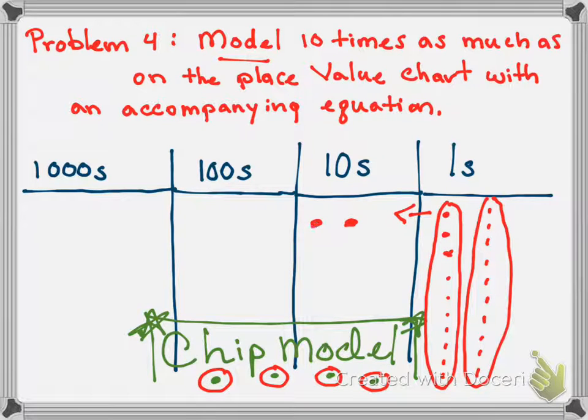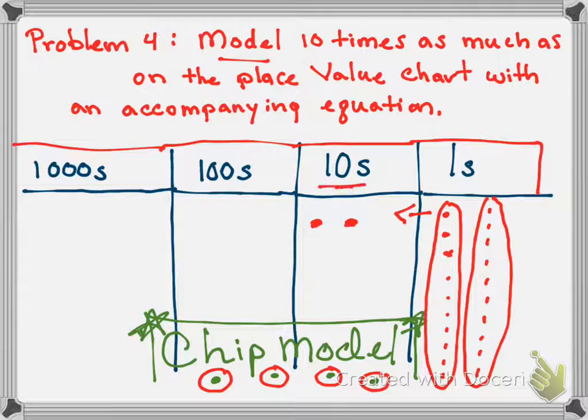Now we don't need to write in the place value discs and write 10 and a 10, because in this chip model, we're underneath our headings, so we know that we are in the 10s. So this demonstrates that this is 10 times greater than this one.